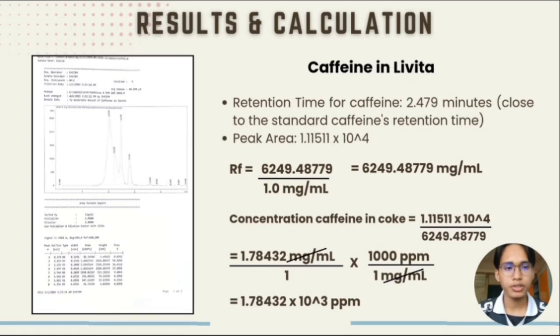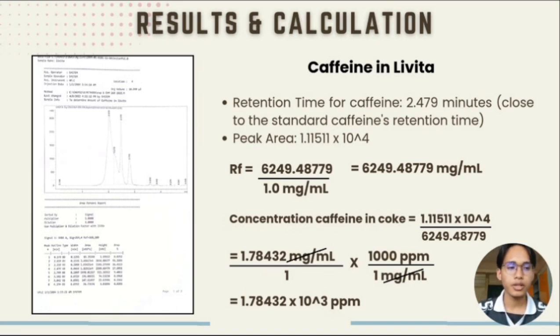Next, let's move on to the caffeine content in Nivita. Here, the retention time for caffeine is recorded at 2.479 minutes, which is very close to the standard caffeine's retention time. And the peak area for the caffeine is 1.11511 times 10 to the power of 4. And by using the same response factor, which is 6249.48779, we can find the concentration of caffeine in Nivita by dividing the peak area of the caffeine in Nivita by the same response factor.